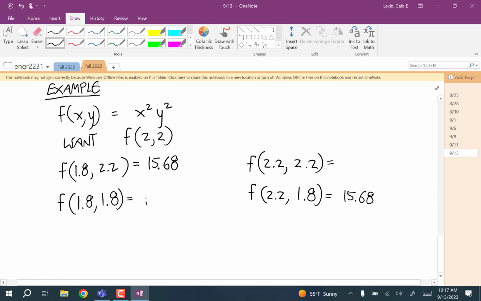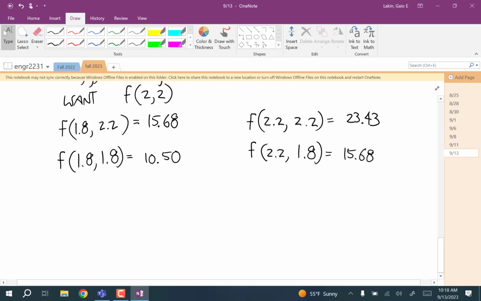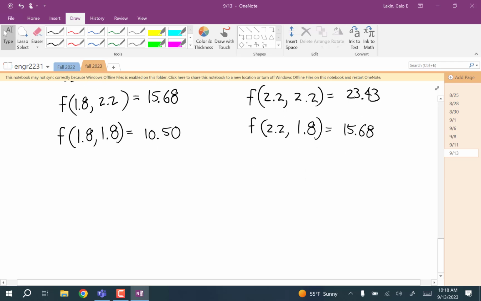And then this is 10.50. And this is 23.43. Okay, well, the true value is 16 for this function. So we're going to see how close we get to 16 with this approach.